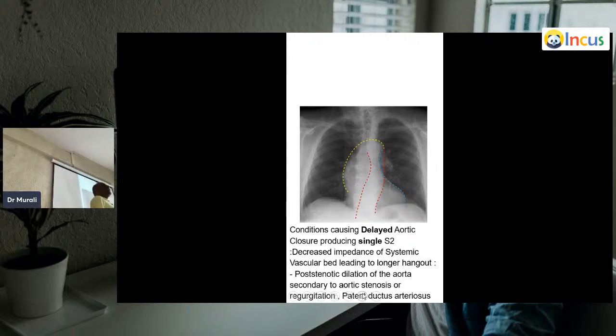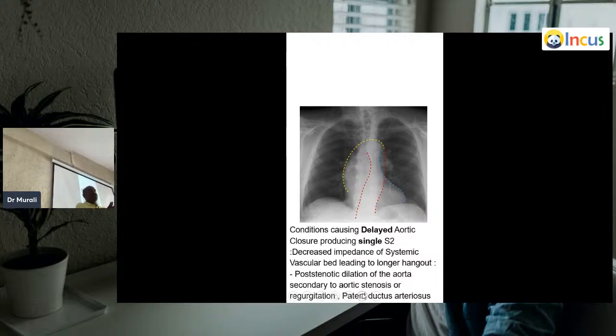So basically, what is the job of the left ventricle? The left ventricle is supposed to vomit into the aorta. Suppose there is any aortic stenosis, right? Or if there is any aortic regurgitation, what will happen?